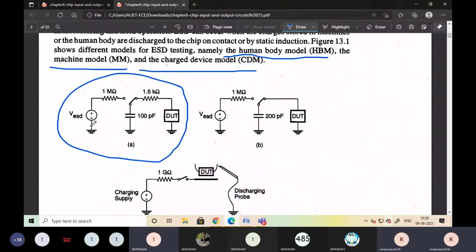You can draw this; it is related to HBM, the human body model. Whatever the ESD, it can be bypassed or discharged by using this 1.5 kilo ohm resistor.